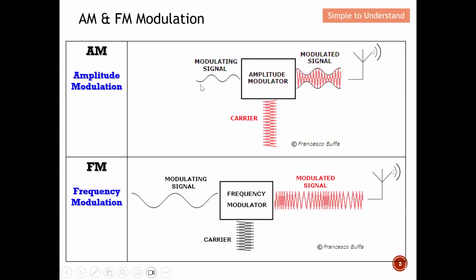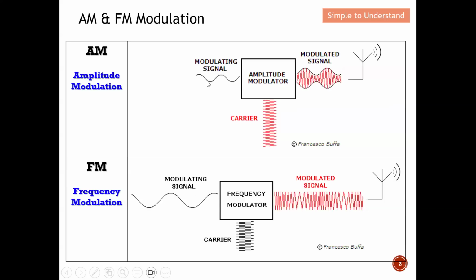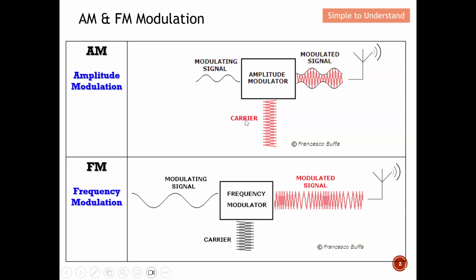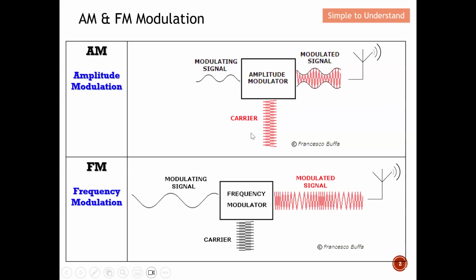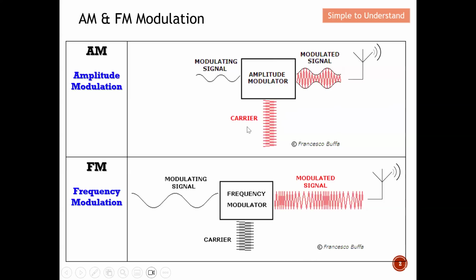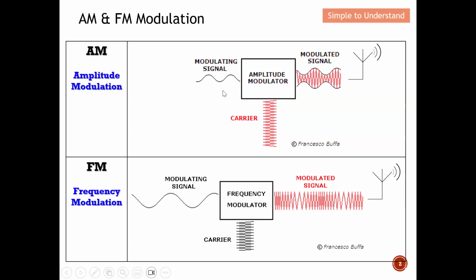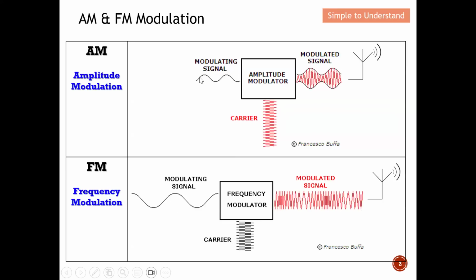The modulating signal is also known as the baseband signal or information signal. This is a carrier; like the name implies, it helps to carry the information over to the recipient. If you take a close look at these two signals, you realize that the carrier typically has a higher frequency as compared to the modulating signal.